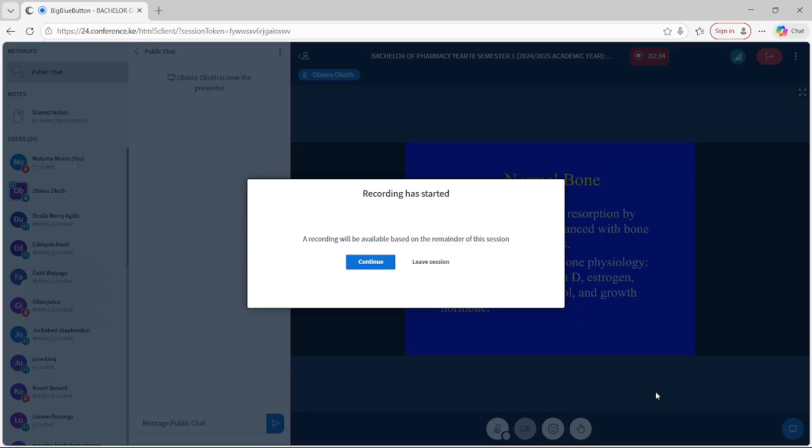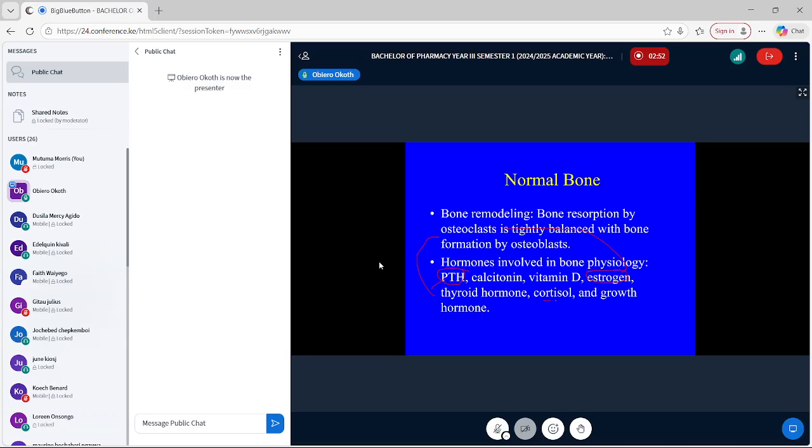Vitamin D favors both. Estrogen tries to block osteoclasts. Thyroid hormone is a metabolic hormone, so it tends again to block osteoclast. Cortisol increases osteoclast. Growth hormone favors osteoblast so that the bone can be laid down for growth.